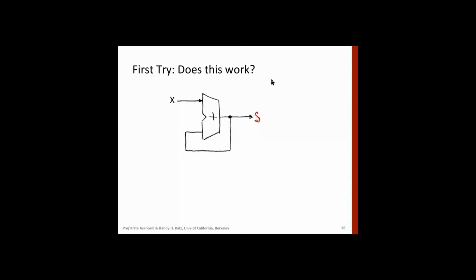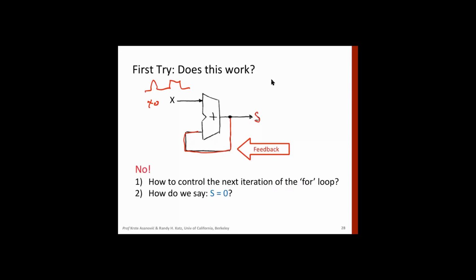So this loop will give us s plus x. Also, each cycle one bit will come, so initially x0, then x1, then x2, and x3, and so on. What is the problem here? This does not work, right?